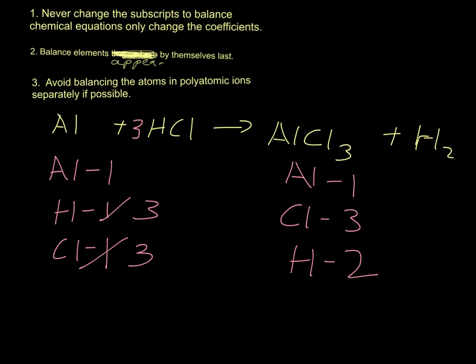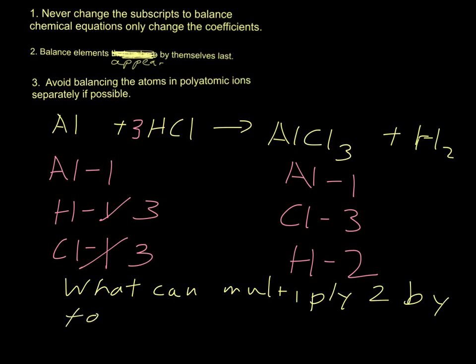And this is where taking a mathematical approach will benefit you. Ask yourself, what can I multiply the lower number by to get the higher number? What can I multiply 2 by to get 3? Where do I get the 2 and the 3? There's the 3, there's the 2.